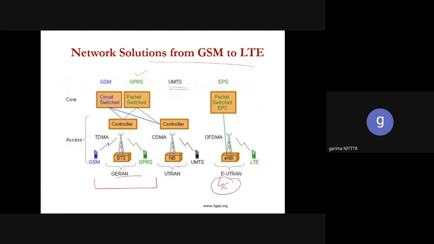So the previous radio access networks, which have now evolved in terms of 4G, have been given the name EUTRAN. EUTRAN means Evolved Universal Terrestrial Radio Access Network.